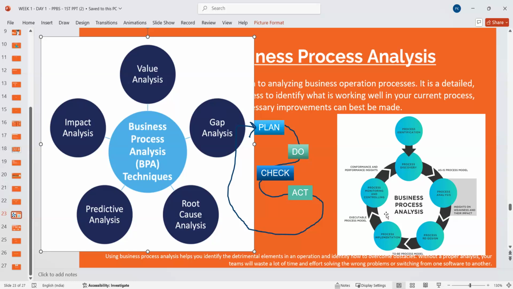This was supposed to generate a certain amount of revenue, because unless there is some revenue and some profit, we won't get financial support for the same.